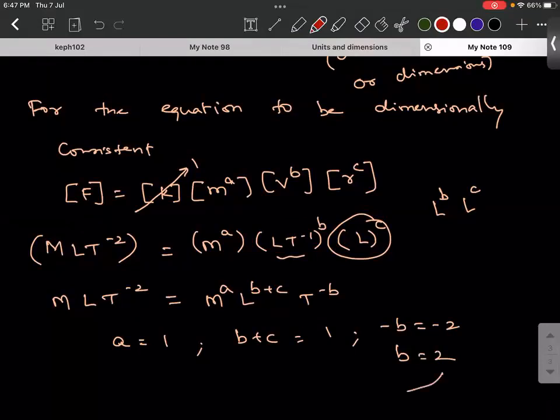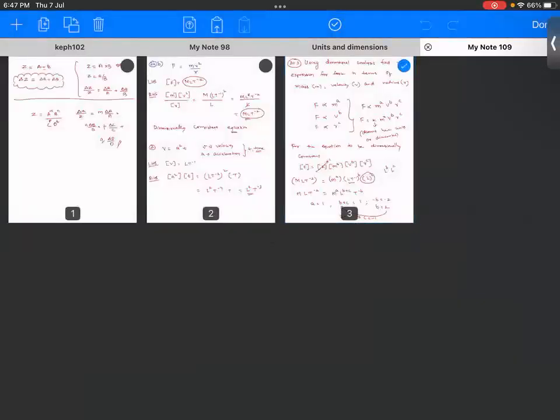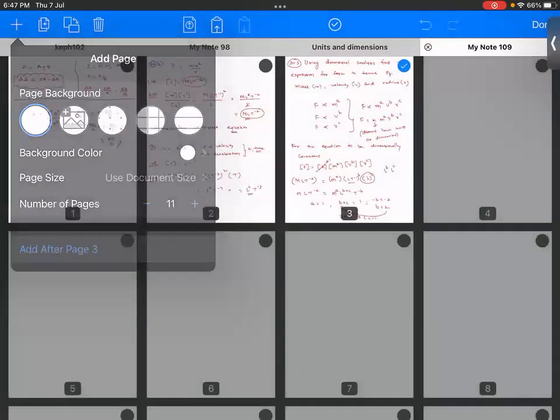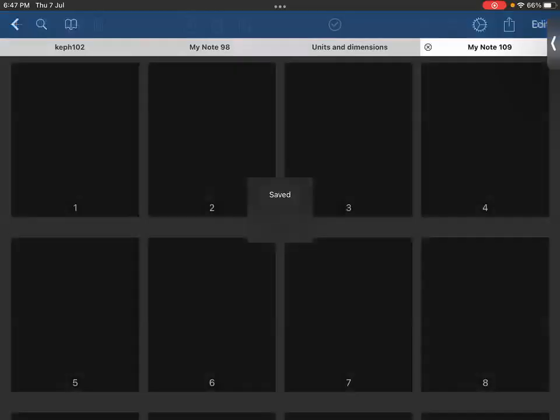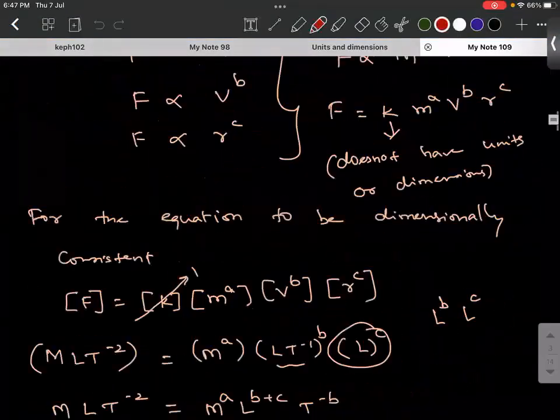If I get B is equal to 2, can I substitute it here? So if B is 2, then 2 plus C is 1, which implies C is minus 1.